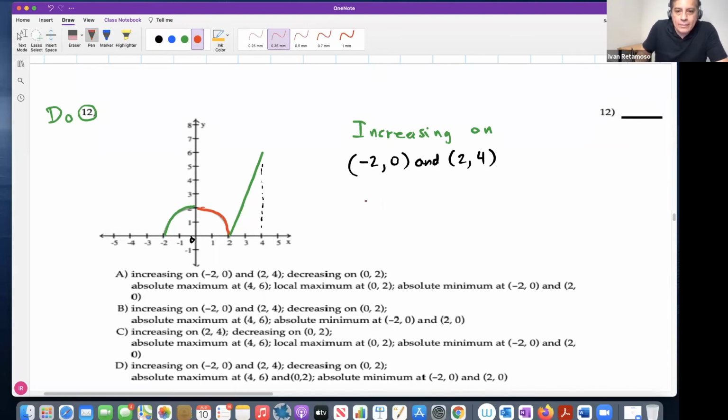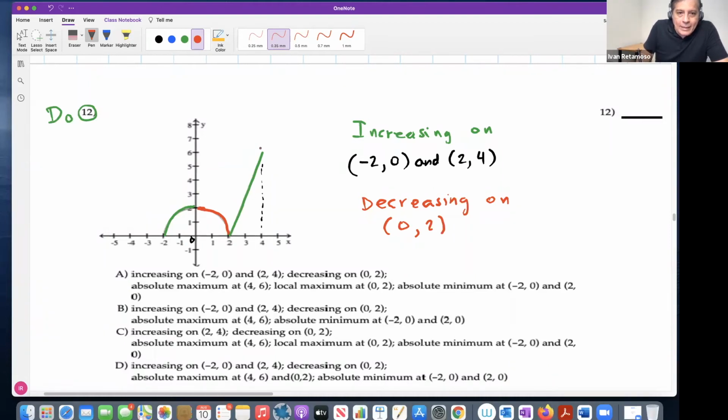Decreasing on, look, from 0 to the number 2, right? Great. Yeah, these are the intervals where the function is increasing and decreasing. But now we are supposed to figure out absolute maximum, absolute minimum, relative maximum, relative minimum, right? If they appear on the graph.